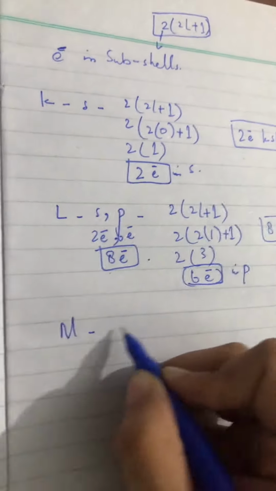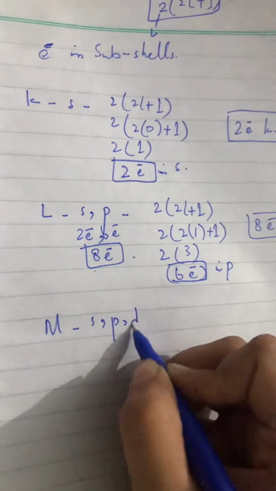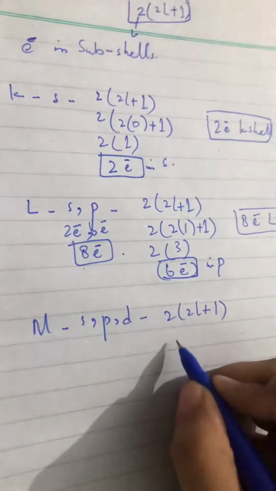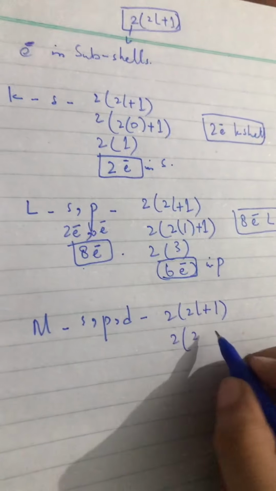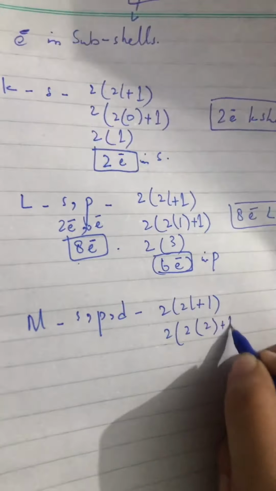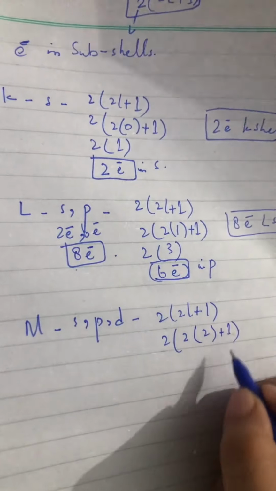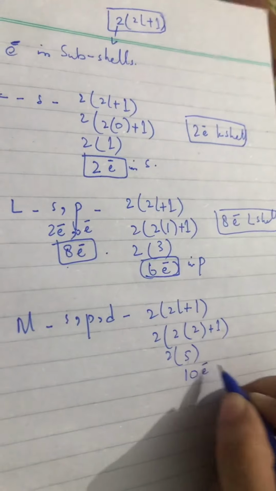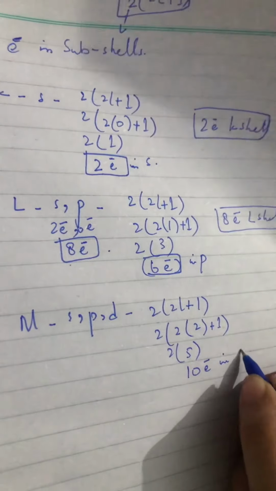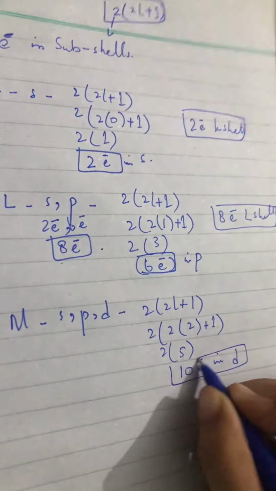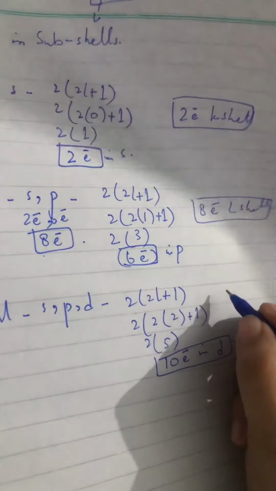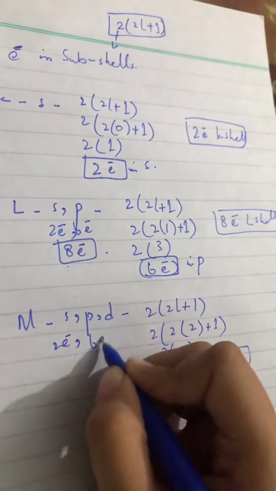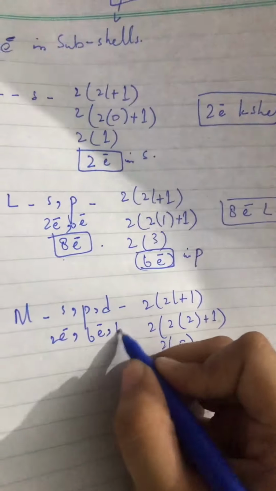Now M has 3 subshells. 2 times (2L plus 1), the azimuthal number of D is 2, so 2 times 2 is 4, 4 plus 1 is 5, 2 times 5 is 10 electrons in D. Now here you can see in M, S has 2 electrons, P has 6 electrons, and D has 10 electrons.